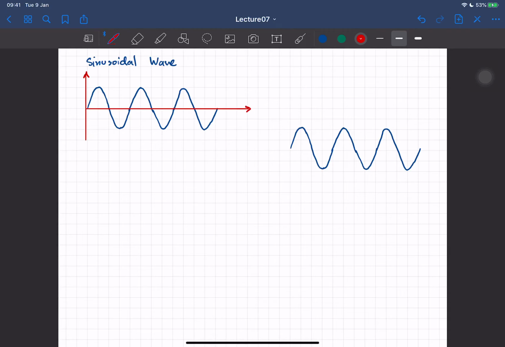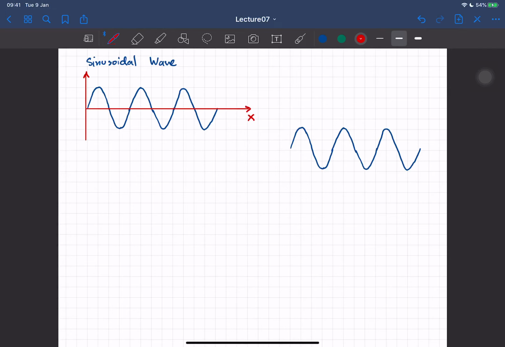So what are we seeing here? Let's imagine that we have a piece of string and you are sending in a wave all the time, so the wave looks like a sine wave. What we are plotting in the horizontal direction is what we call x.